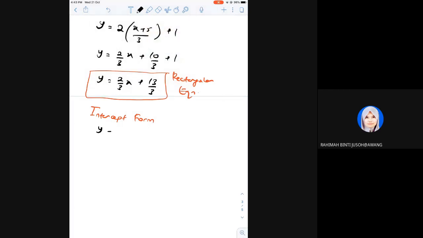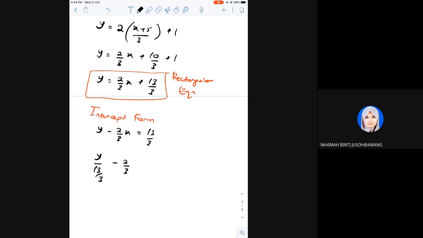Y minus, okay, bawa sebelah kiri semua variable, y minus 2 over 3x equals 13 over 3. And then next step, kita kena bahagikan dengan 13/3 semua sekali. So y over 13 over 3 and then minus 2 over 3 ni, you darabkan dengan ni bahagi kan.